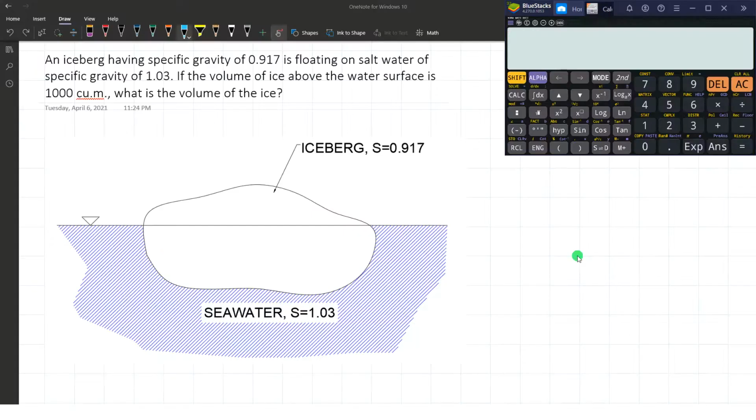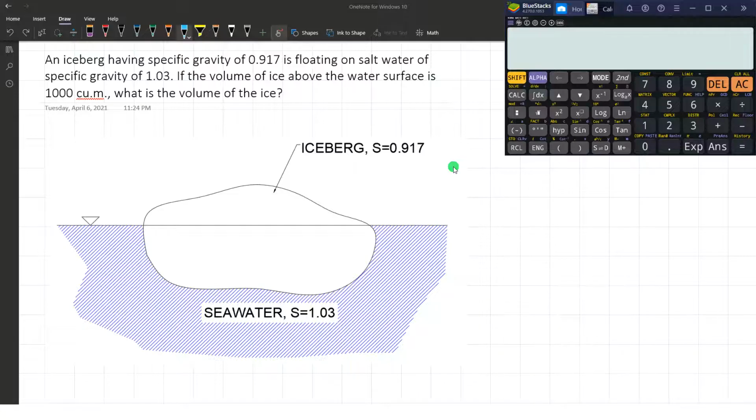Problem number one. We have here an iceberg having a specific gravity of 0.917. It is floating on salt water of a specific gravity of 1.03. If the volume of ice above the water surface is 1000 cubic meters, what is the volume of the ice?